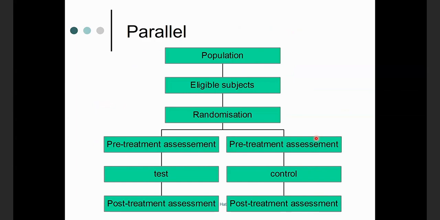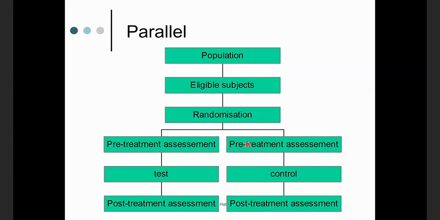The randomized control trial can be divided into two. One we call the parallel study. Parallel study means from the population, you withdraw the sample and then you do the randomization. That means you decide which subject is under the test, which subject is under control.